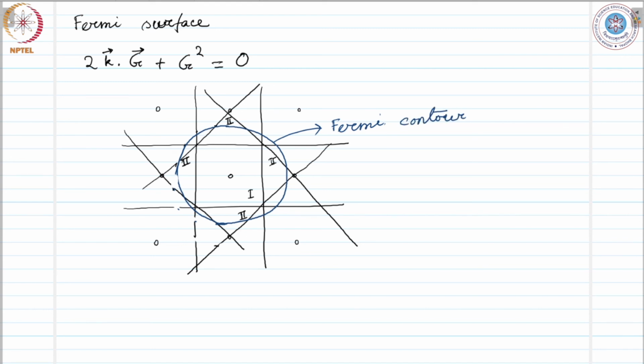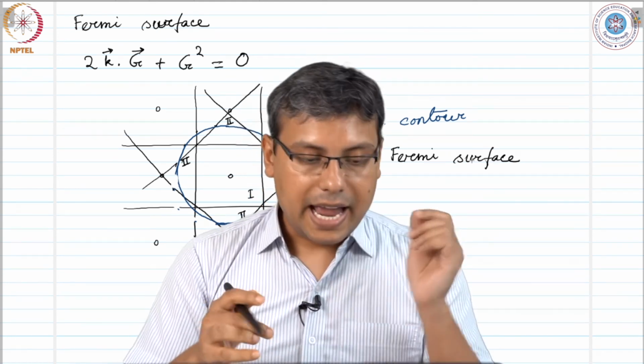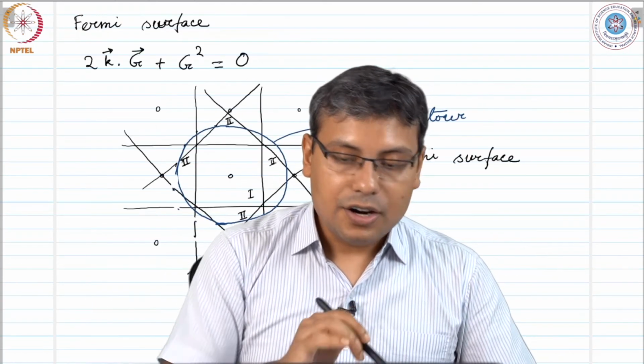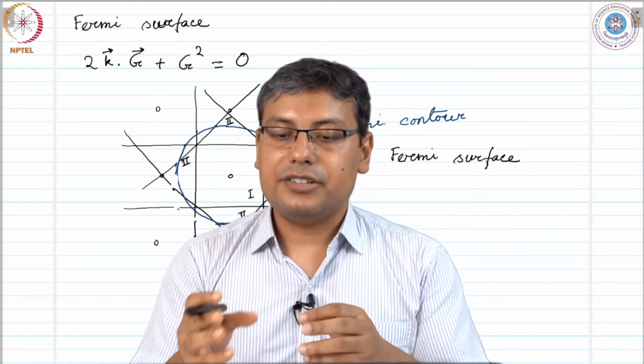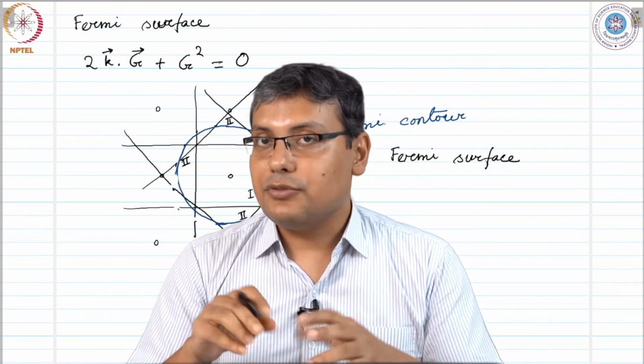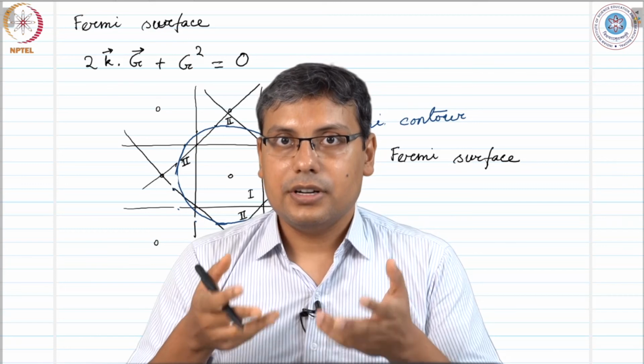Its extension for a three-dimensional Brillouin zone, or three-dimensional reciprocal lattice, three-dimensional real lattice, is the Fermi surface. So what we have drawn here is not confined within the first Brillouin zone, and using this kind of reduced zone scheme that we have discussed, we can bring it into the first Brillouin zone by translating different parts of it into different sections of the first Brillouin zone. It won't look like a circle anymore, but that's the circular Fermi contour in essence.